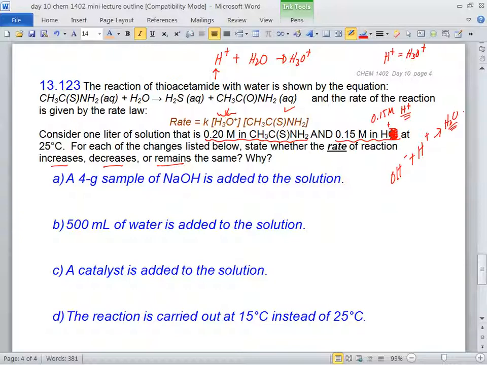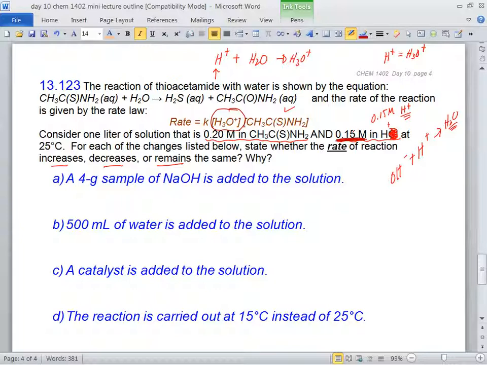So if we're adding hydroxide, what are we doing to this number right here? It's not 0.15 anymore. Is it going to go up or down? Somebody said it, down. It's going to go down because this hydroxide is reacting with it.